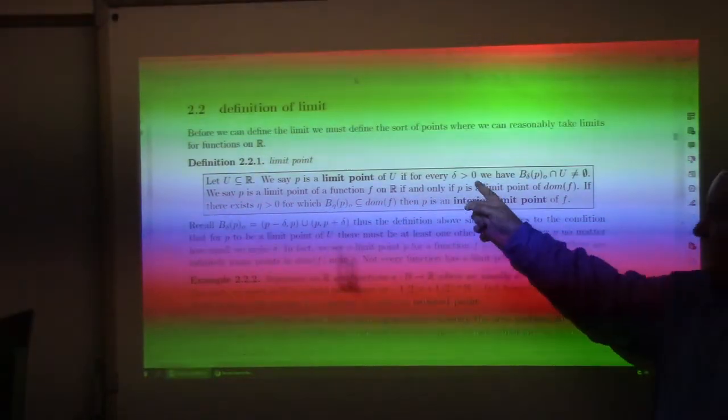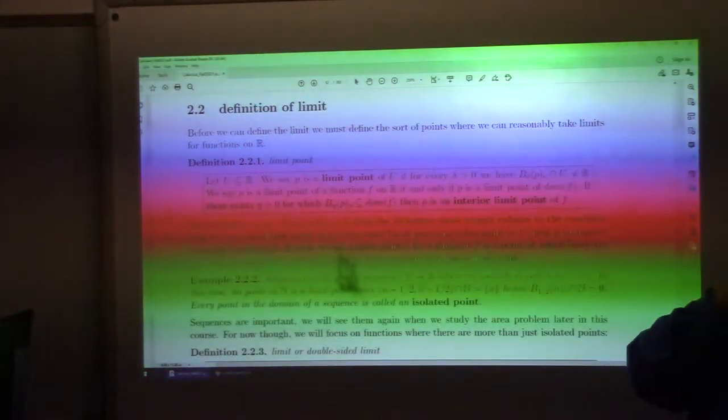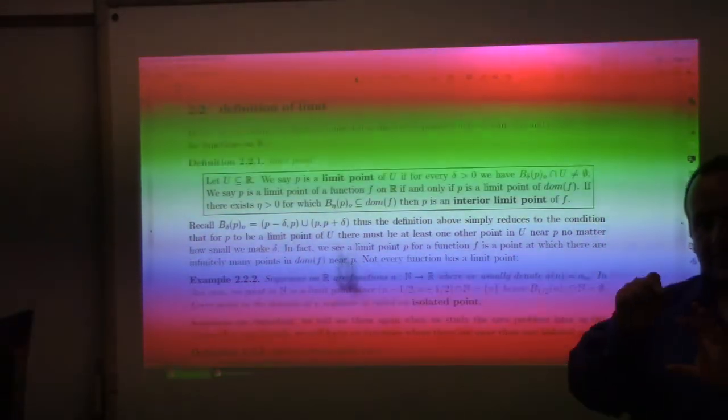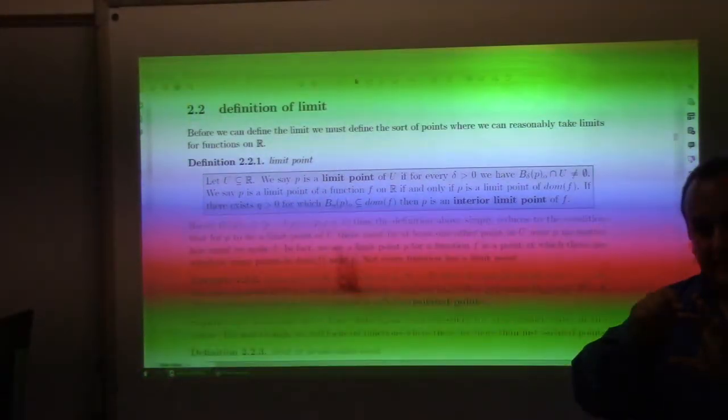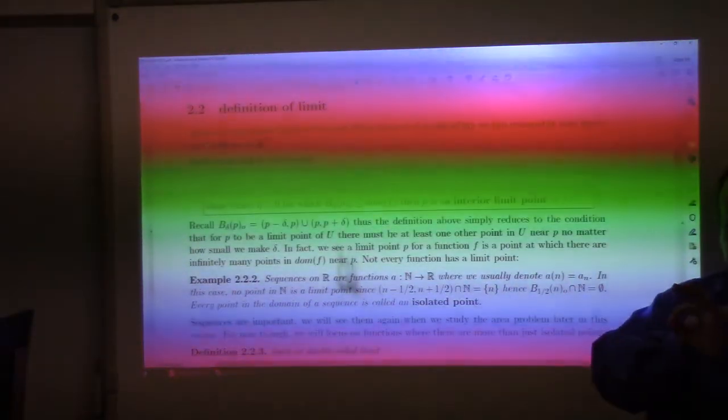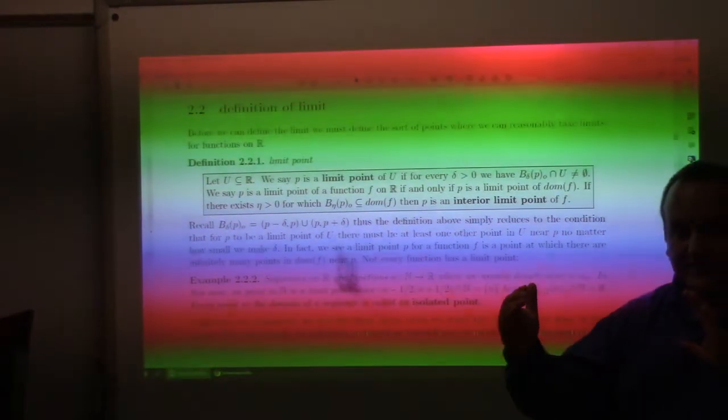And that happens for every delta greater than 0. So this is just a fancy way of saying that close to the point P, there are infinitely many points close to that point. They could be to the left, they could be to the right, they could be on both sides.